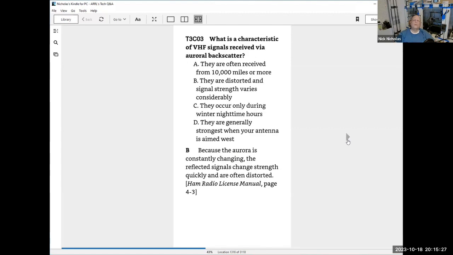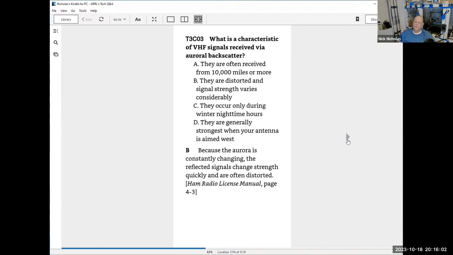What are the characteristics of VHF signals received via aurora backscatter? Auroral backscatter is the northern lights. The northern lights are caused by a charged layer of the atmosphere at the poles. And it's not constant. It fluctuates. You can see it fluctuate. If you've ever seen the northern lights, they glow, but they oscillate in the way that they glow. And you can bounce signals off them.